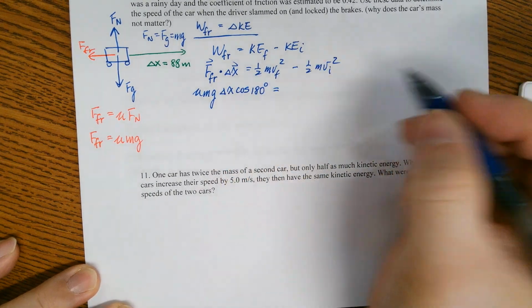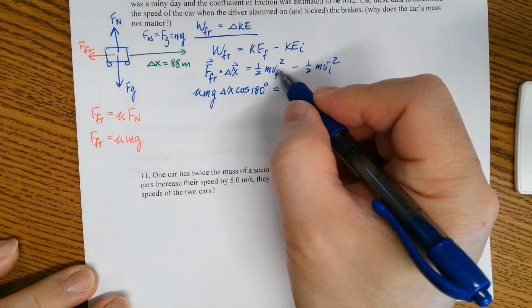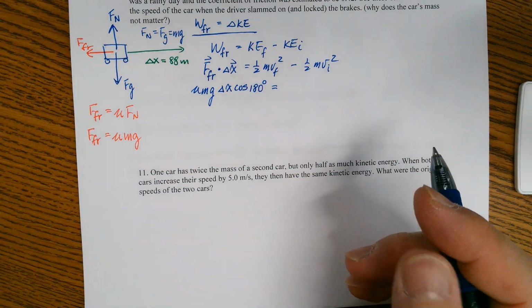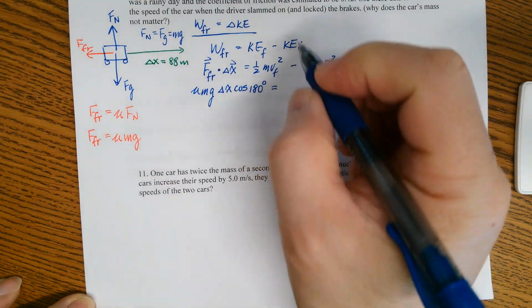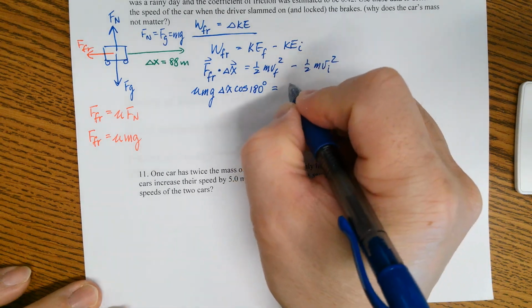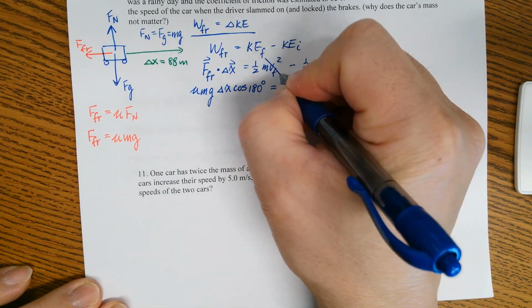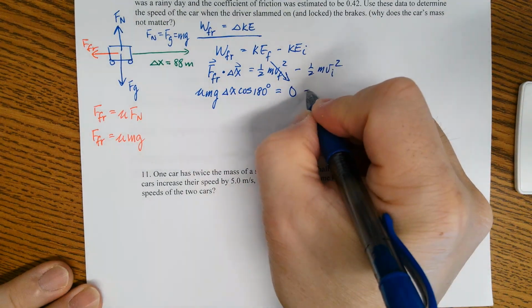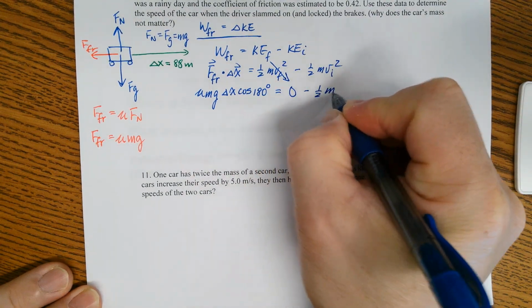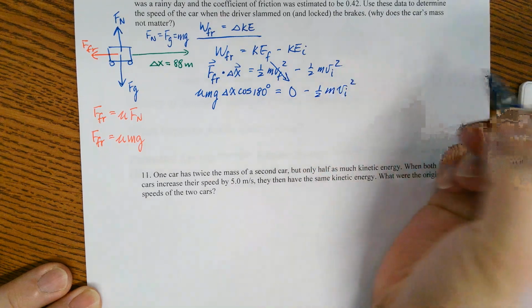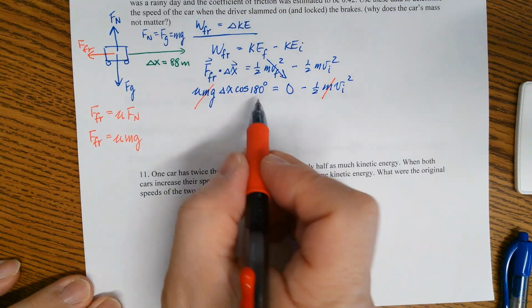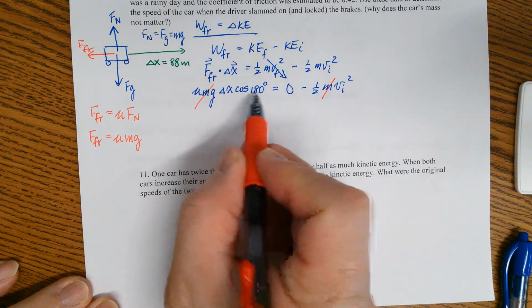That is equal to, what is the final velocity of the car when it comes to rest? Good, like you said, nothing, 0. Minus 1/2 times m v initial squared. Now, if you take a look at it carefully, the masses cancel out right here. And cosine of 180 is equal to -1.